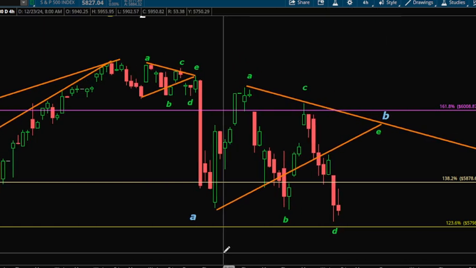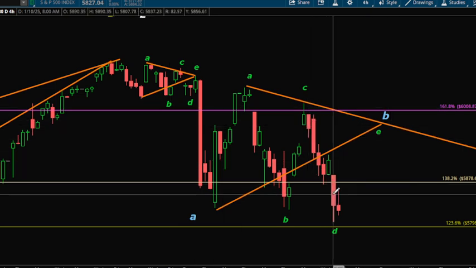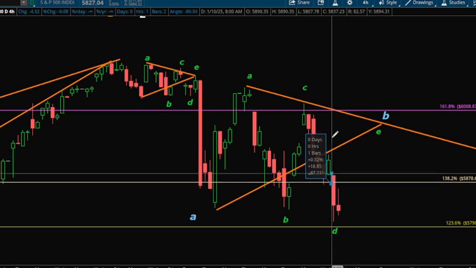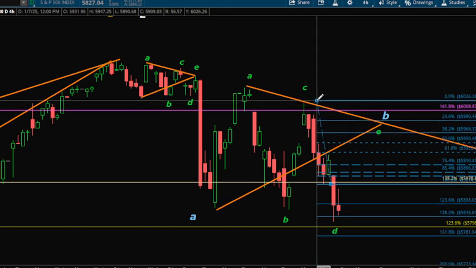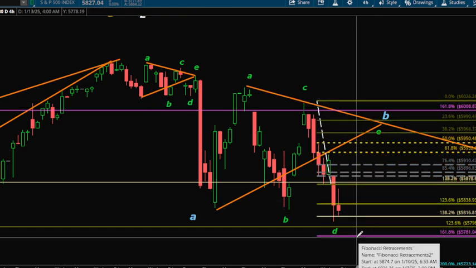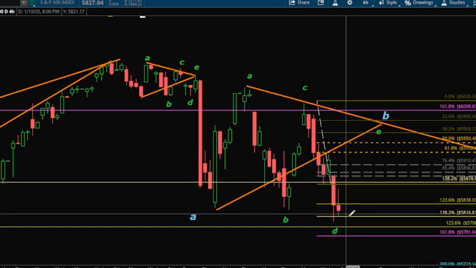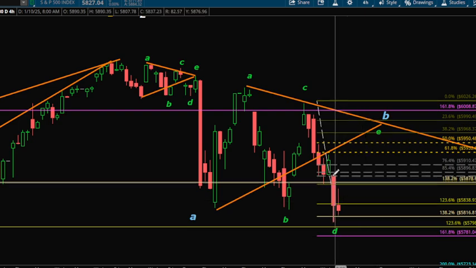I think we could be moving up, and your indicators are going to give you a divergence on Monday. So is what I would do. Well, first of all, I'd wait, because it looks like here's the 161.8.